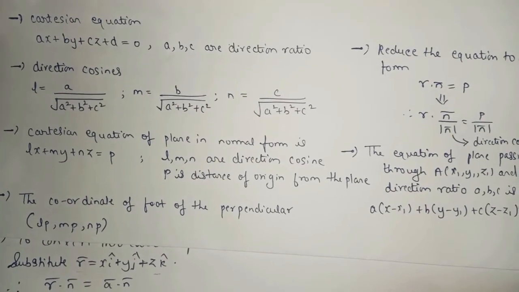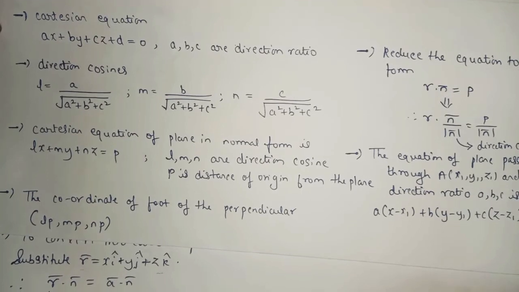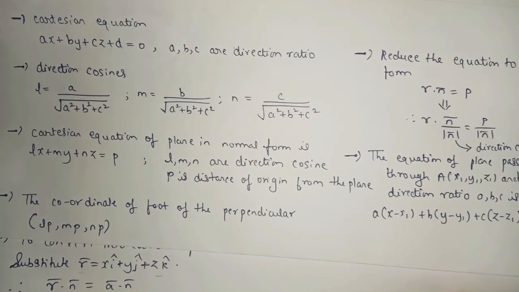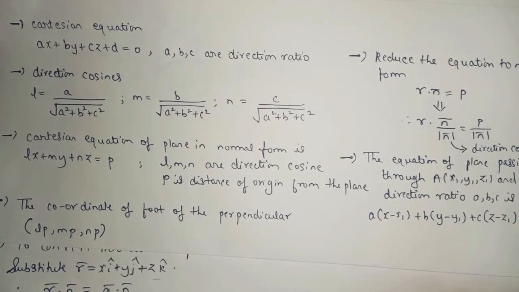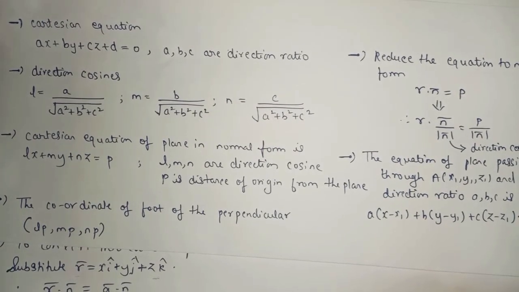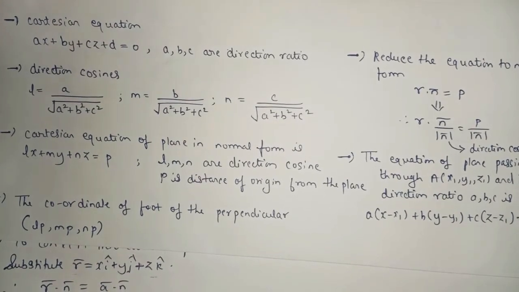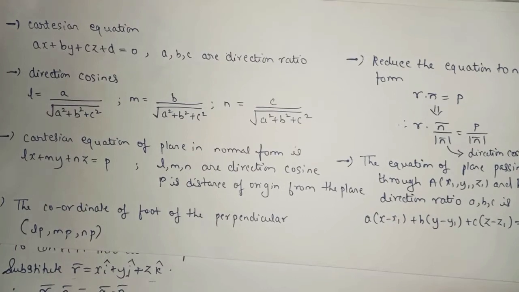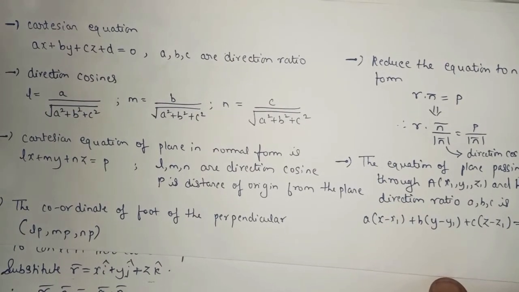There are a few very important points you have to remember before dealing with the sums from the exercise. In the exercise, the majority of the sums are based on the Cartesian equation only. Hardly three or four sums are based on the vector equation of the plane, and the remaining sums are based on the Cartesian equation.